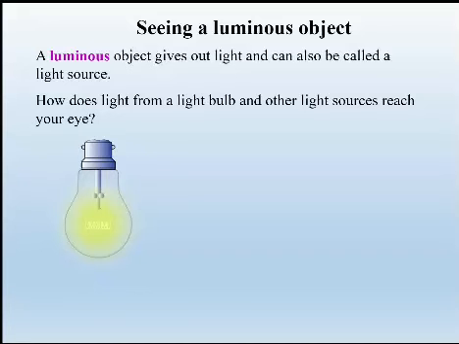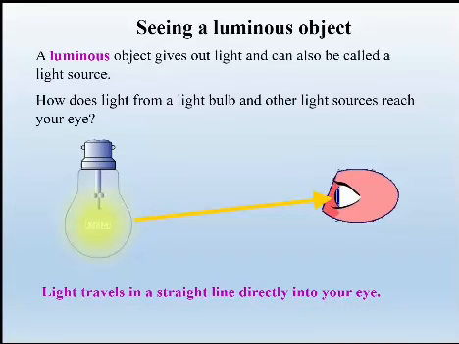So how does the light from a light bulb and other light sources reach our eye? That is shown here in a simple way. Direct light travels in a straight line directly into your eye. You can see here the light from luminous objects such as this bulb goes in a straight line directly into our eye and we can see that particular object.